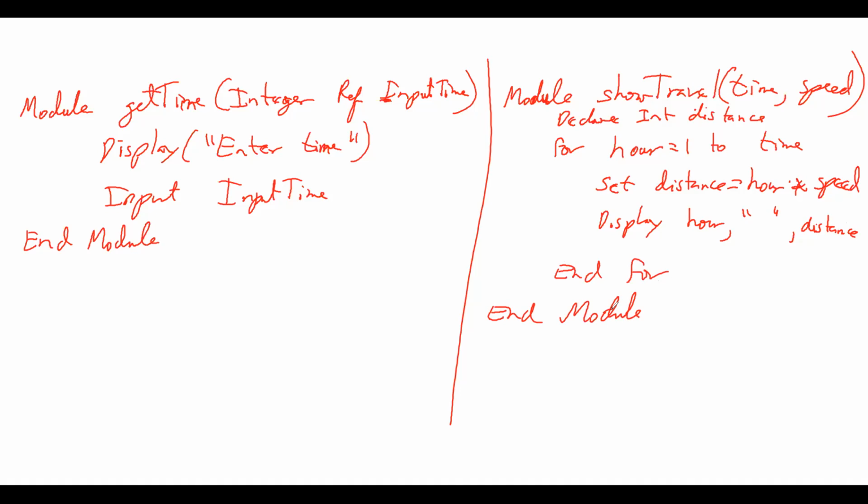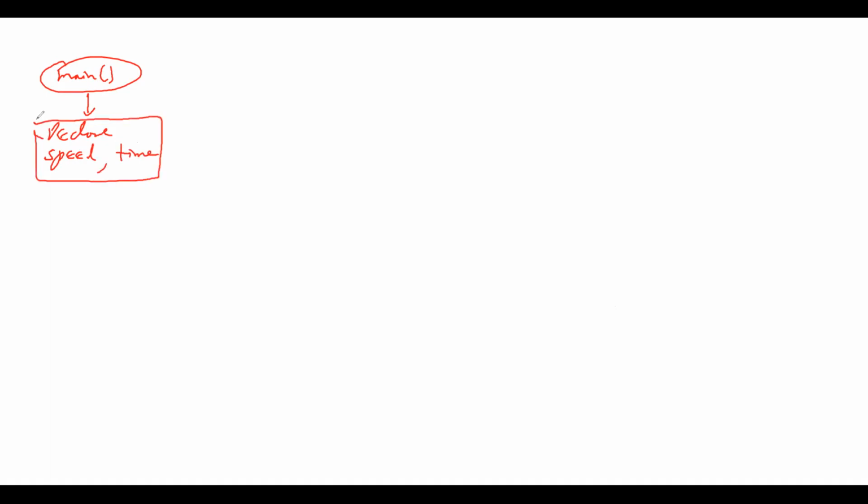Okay, no questions. So let's then do the flow chart. So we've got the main menu. So we're going to do main. And then we're going to say declare speed and time. And then we had the three functions, right?